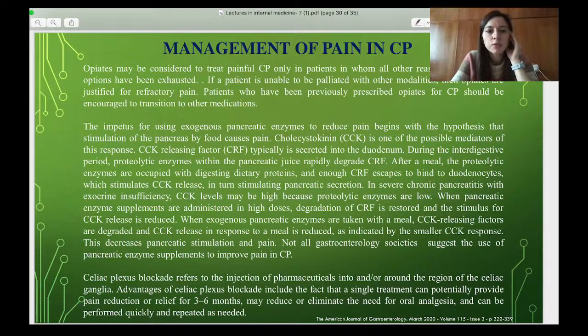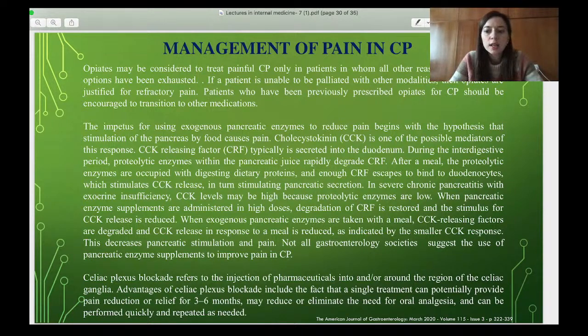And celiac plexus blockade refers to the injection of pharmaceutical into and all around the region of the celiac ganglia.